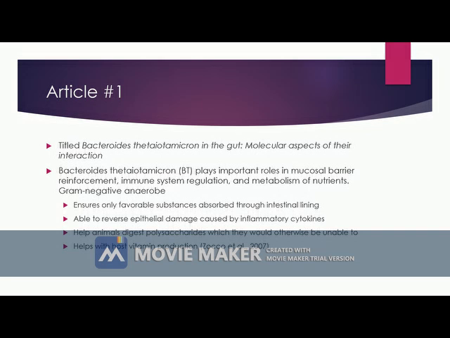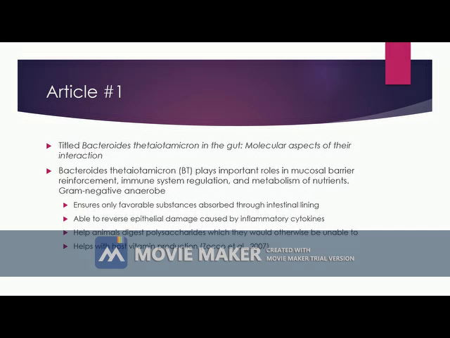And so the first part, in its mucosal barrier reinforcement, it ensures that only favorable substances are absorbed through the intestinal lining. That is what they found in this article. During the digestive process, that's really important to make sure that we are only absorbing the nutrients that we need and getting rid of all the other ones.